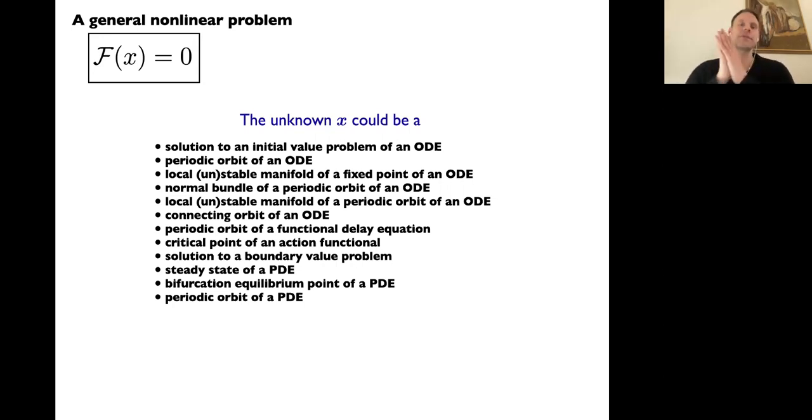Yves mentioned that at the beginning. We can prove existence of bifurcation points using these techniques, but for the sake of this talk, you can think of x as being, say, the space-time Fourier coefficients of a periodic motion in Navier-Stokes. I will be more explicit about it, but for the moment, you can think of x, the unknown to be found, as representing the periodic motions in Navier-Stokes.